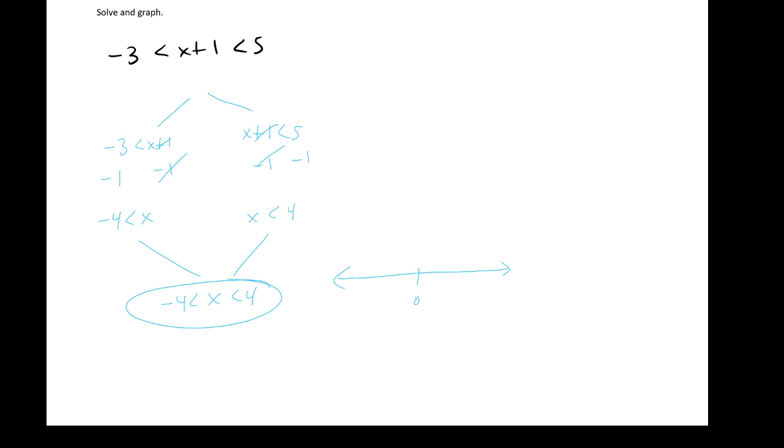We're going to show our two values, negative 4 and 4, in relation to the 0. And for both, neither of them are equal, so we're going to have open dots for both. And again, just like the very first example, it's compound, so we're going to shade in between. All right, next.